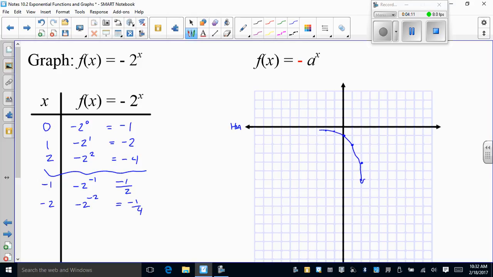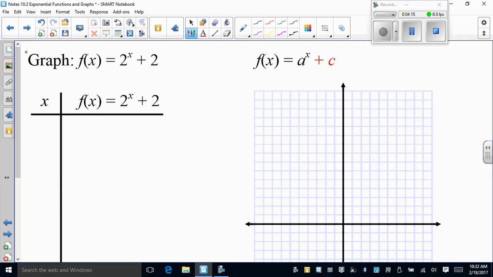And just like before, if you have a plus c on the outside, not grouped with the x in the exponent, this is going to move it. If it's plus, it's going to move it up. If it's minus c, it's going to move it down.